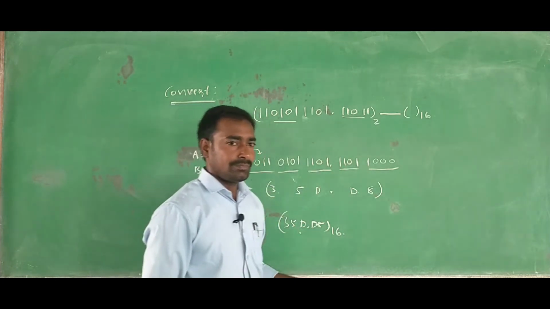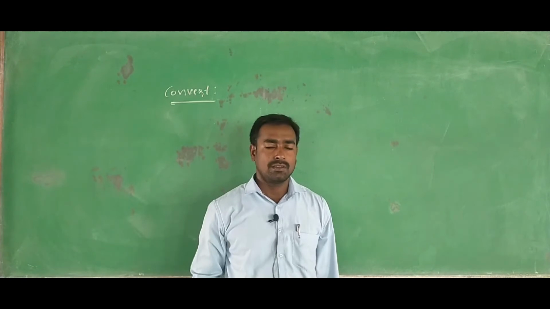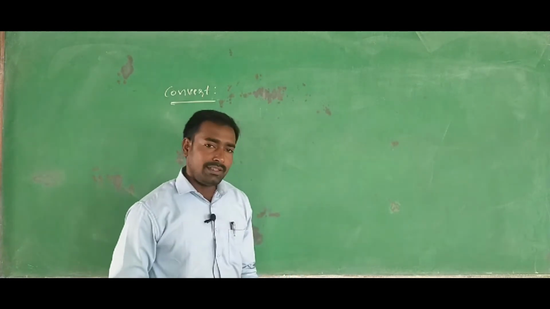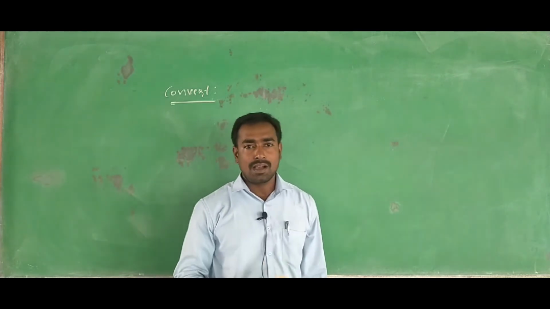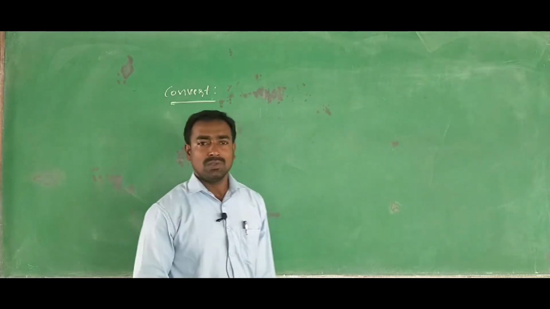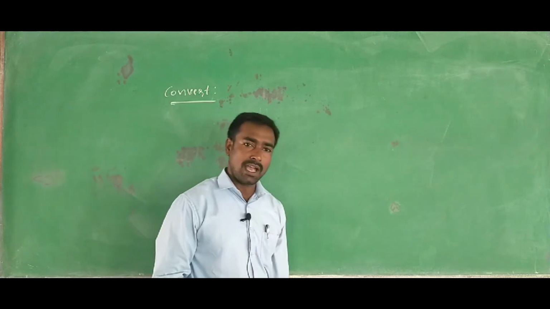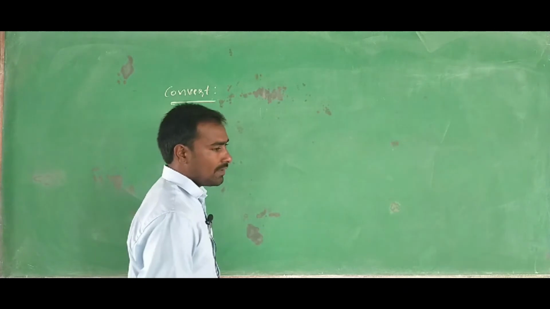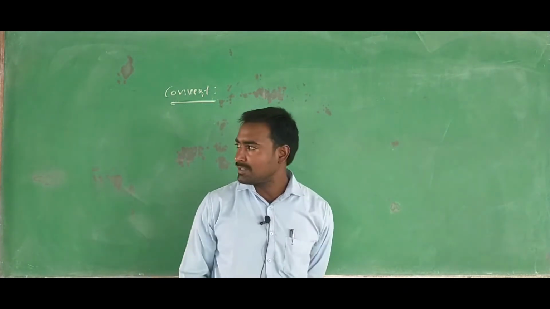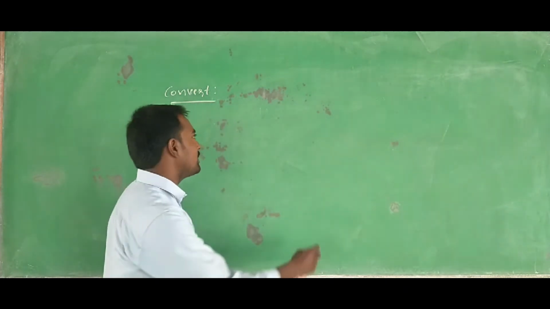Here the decimal number is converted into 3 individual numbers and the binary number is converted into 3 individual numbers, and we have another number system, that is the octal number system. We have to convert this octal number system into the decimal number system.